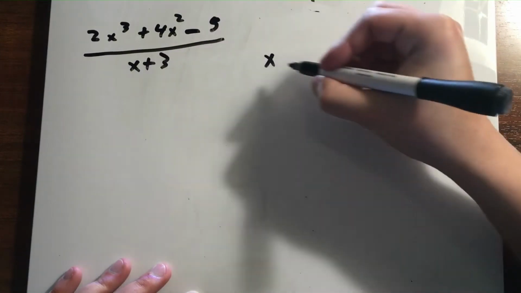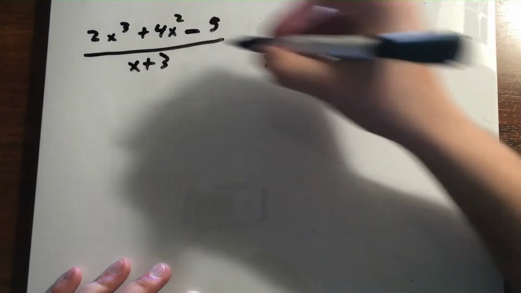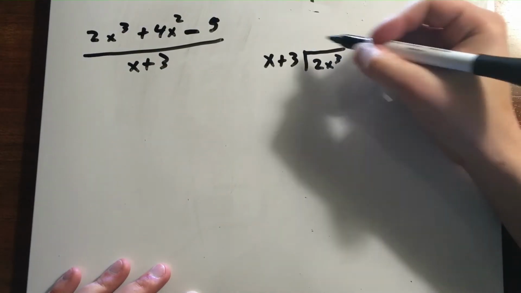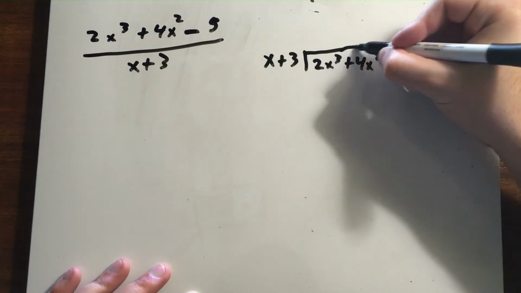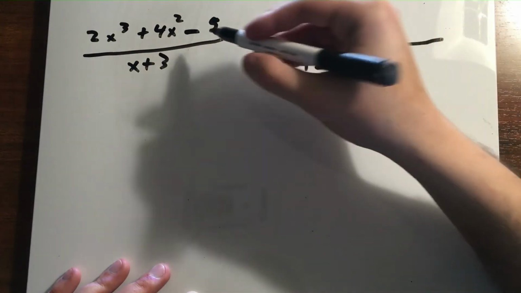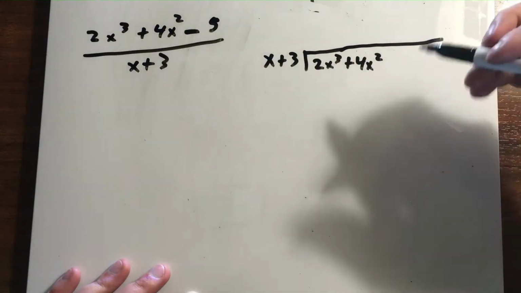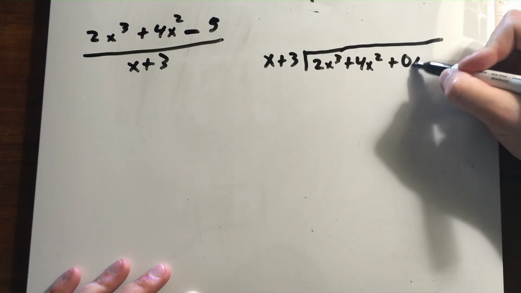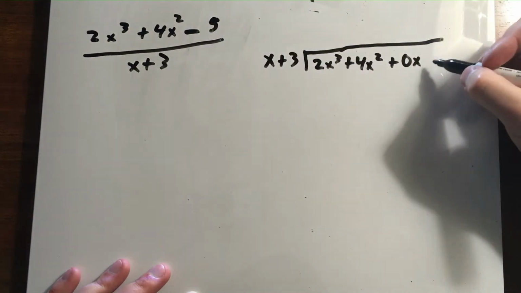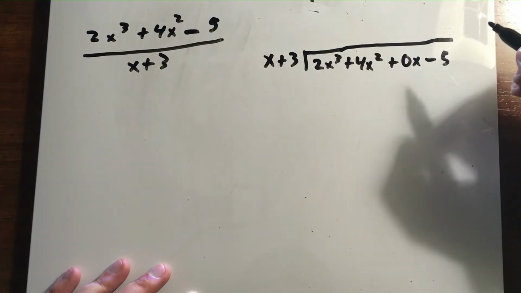We start out with just our x plus 3, 2x cubed plus 4x squared. And before we put our 5 in there, we'll have to put an x in here. But since we don't have one, we're just going to have to write 0x. And then we're going to put our minus 5. So that's how you're going to want to write this one out.